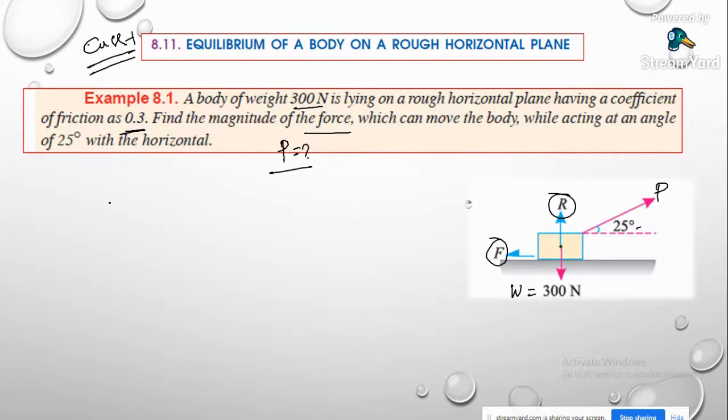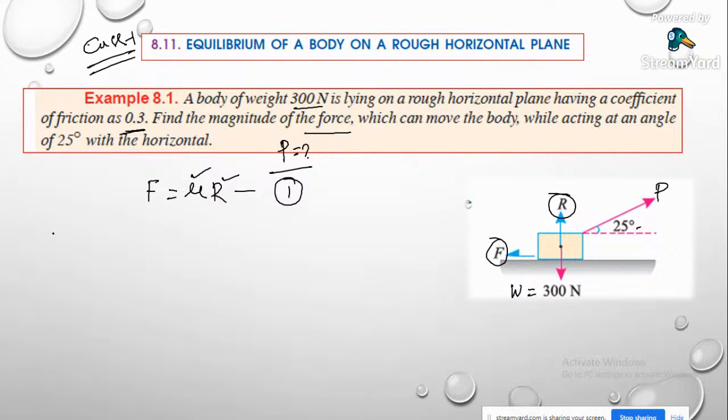We know that friction F is equal to mu into R, that is equation 1. Coefficient of friction is given, and R I need to find out.